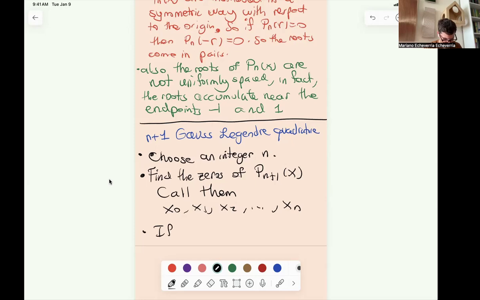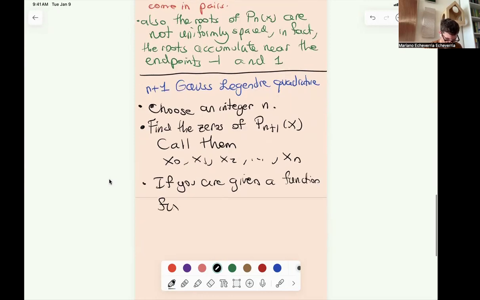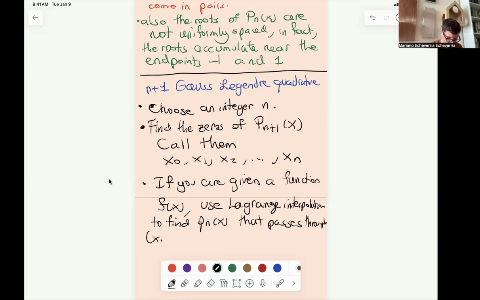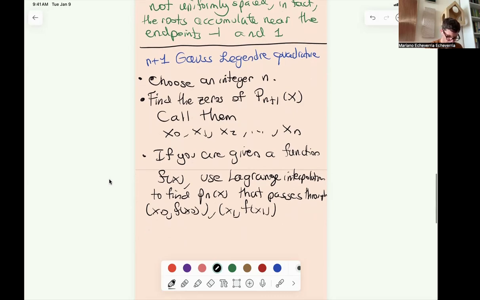So if you're given a function f of x, use Lagrange interpolation to find the polynomial of degree n that passes through x0, f of x0, x1, f of x1, up to xn, f of xn.